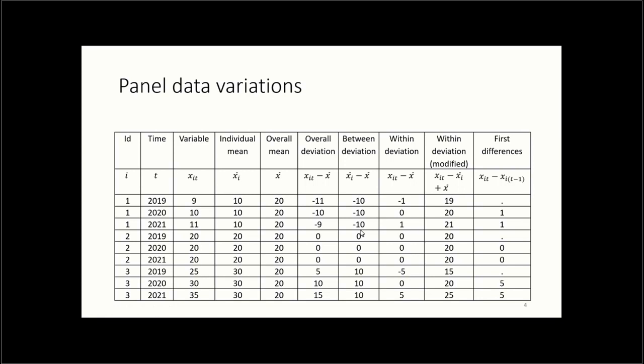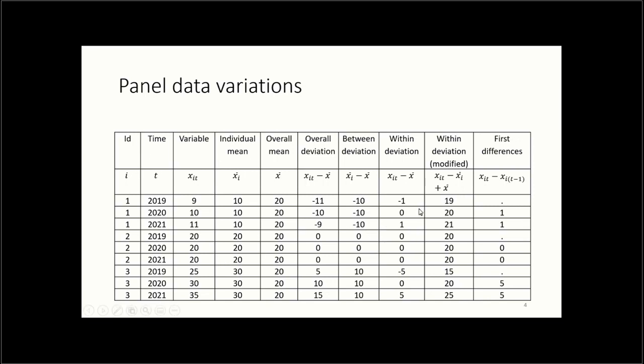We only have between the individual. So this first individual is 10 units below the overall mean. This one is right at the mean, and this person is 10 units above the mean. So now this is on average across all of the values.